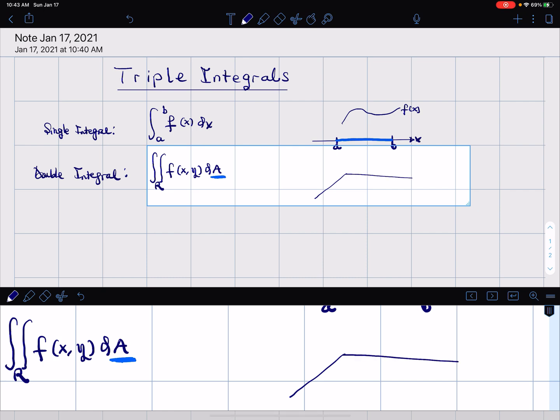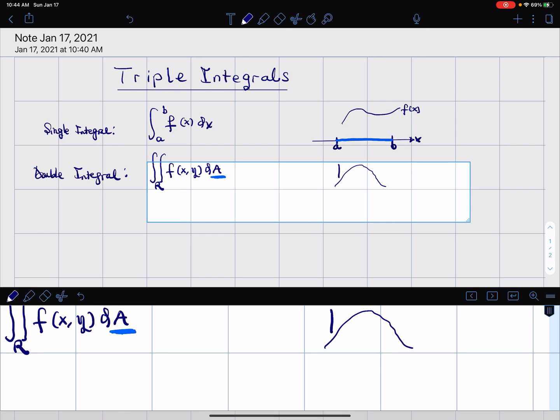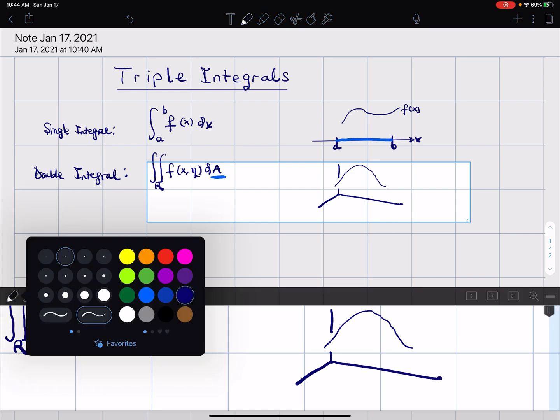Maybe you have something like a region like this. I'm going to make the region more general, not totally a square or rectangle. Let me draw the function first, the surface of the function, with the x-axis, y-axis, and you have this function.